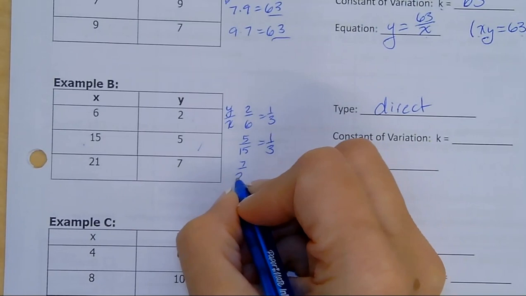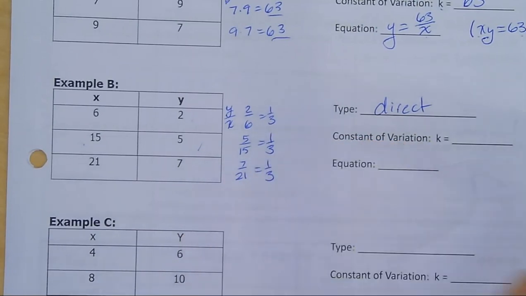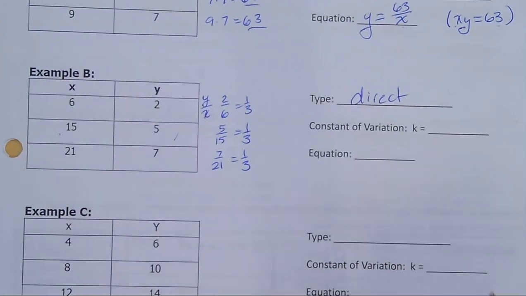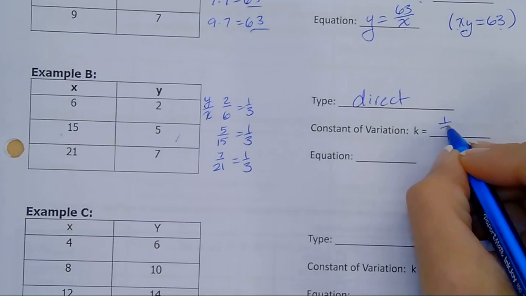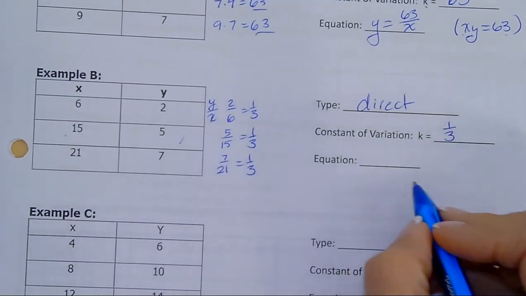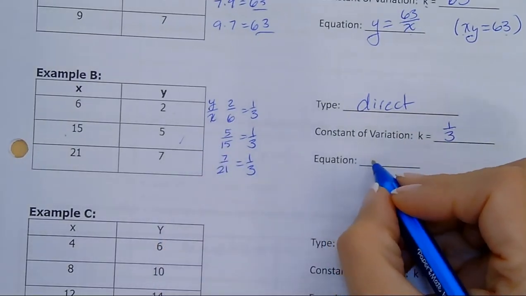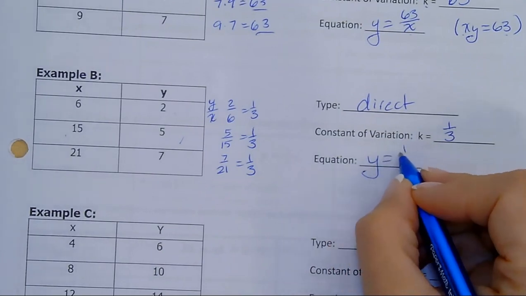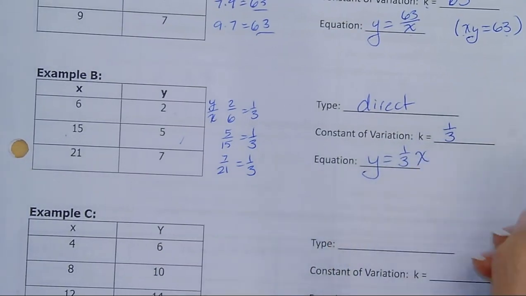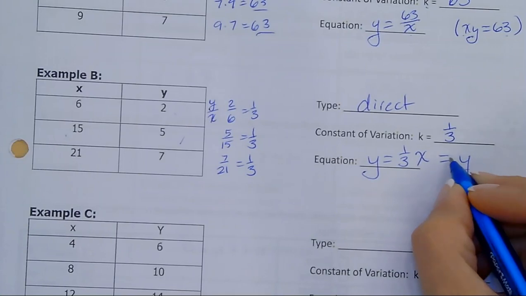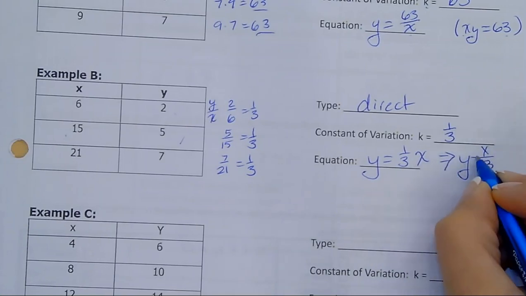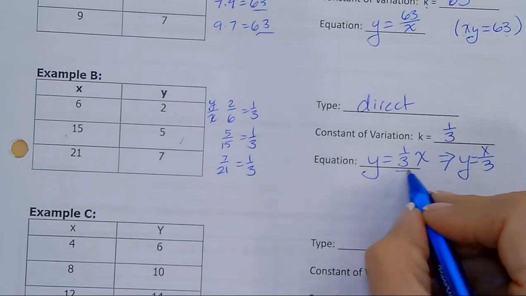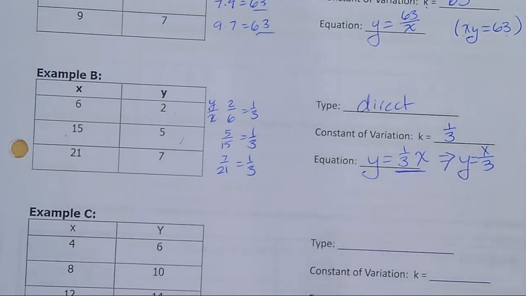And I have 7 over 21, which is 1/3. So sure enough, that fits my direct variation, and that constant of variation must be 1/3. So my equation is going to be y equals 1/3 times x. We can also say that means y equals x over 3 if we want to, but we like this format better.